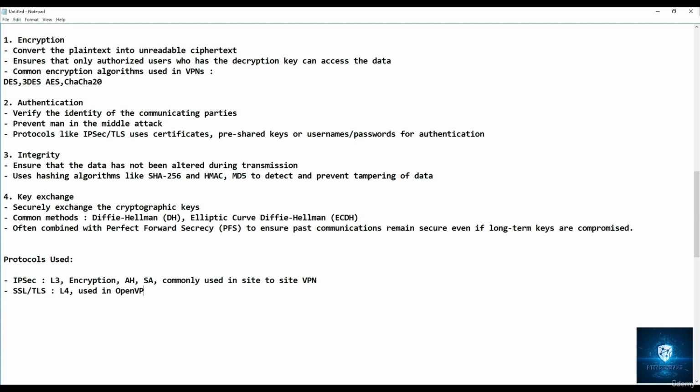So you've got solutions like OpenVPN and SSL VPN, and it is used in those technologies. Okay, and it relies on digital certificates for encryption and for authentication.